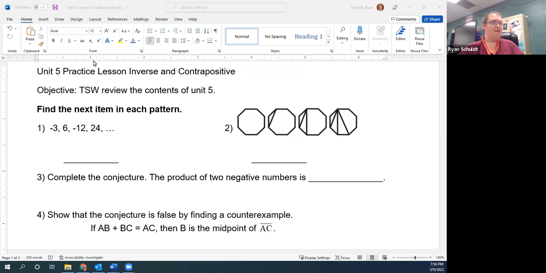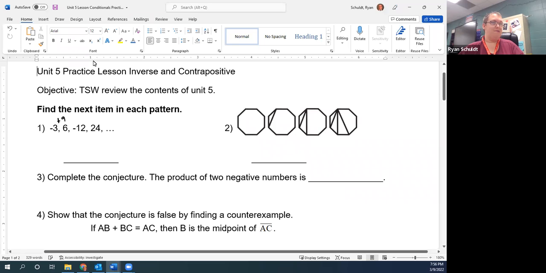I could try seeing if I see a pattern on adding. 6 minus negative 3, well, here I'm adding 9. Negative 12 minus 6, well, now I'm subtracting 18. Negative 12 up to 24, I'm adding 36.